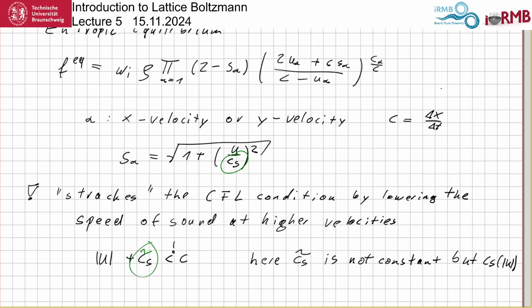In my opinion, I'm sorry, this is bullshit, because still you're limited by the CFL condition, and cs usually is 1 over square root 3, which is roughly a half. So basically, you can stretch the CFL condition to twice as much by completely killing physics.